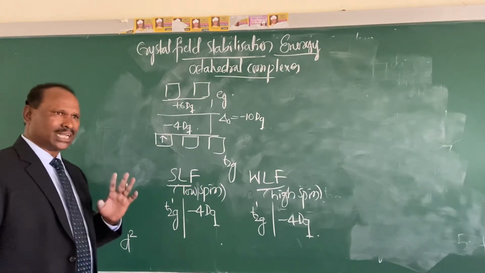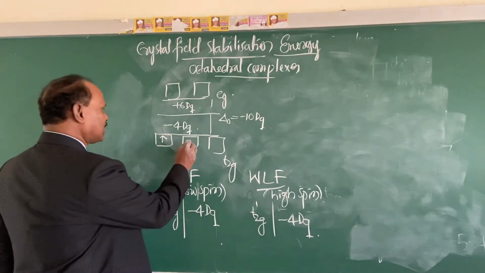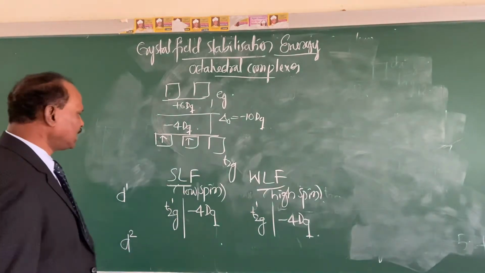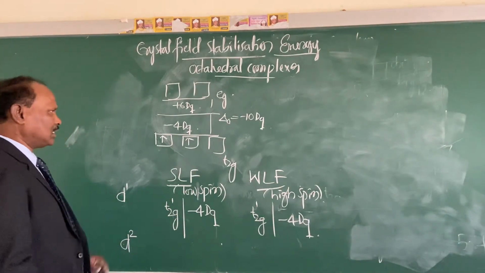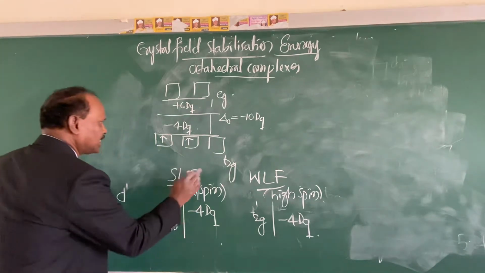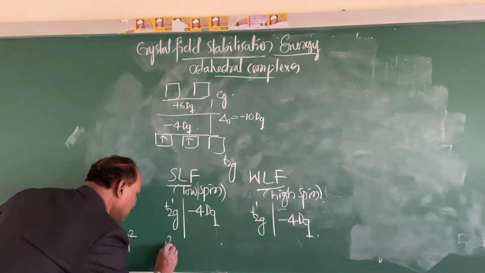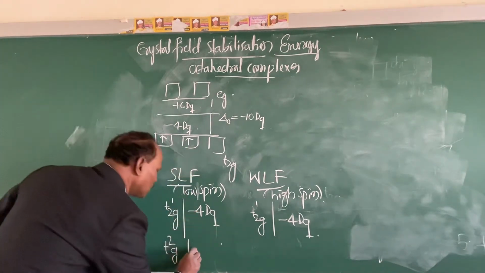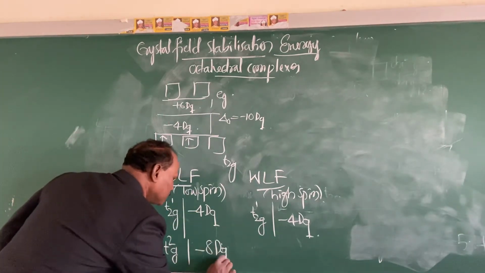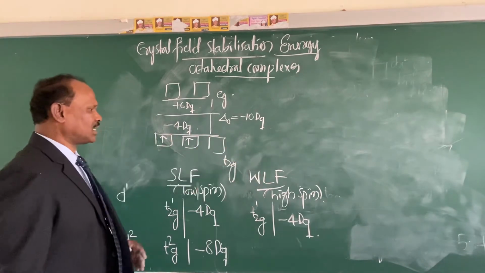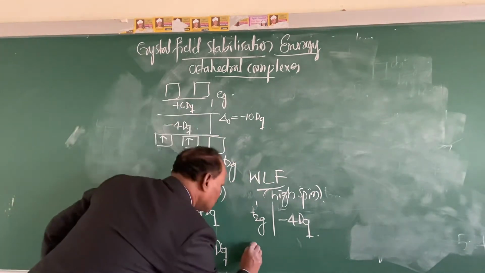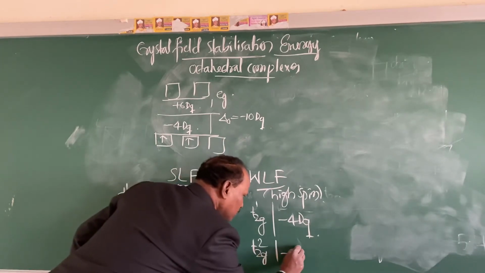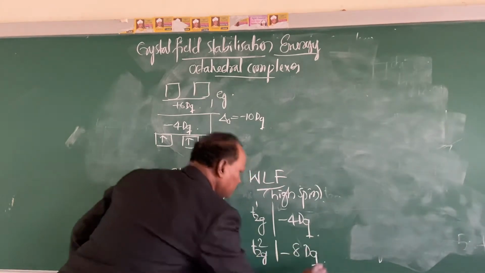There are 2 electrons, so in case of the strong ligand field, the configuration becomes t2g2, and the energy is 4 plus 4, minus 8 Dq. Even for weak ligand, it remains the same: t2g2 and minus 8 Dq.